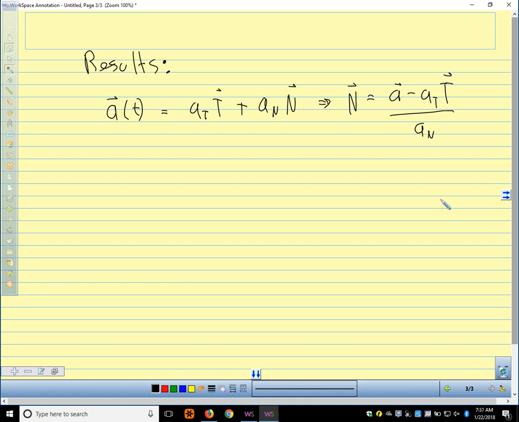T is relatively easy to calculate. Our acceleration is just a second derivative of our position function, and a sub t and a sub n we're going to have easier ways to find in just a second. So this is, in general, going to be an easier way to find your principal unit normal vector.